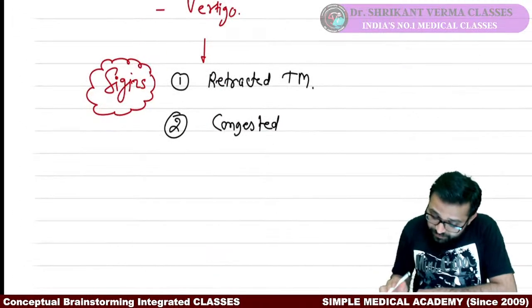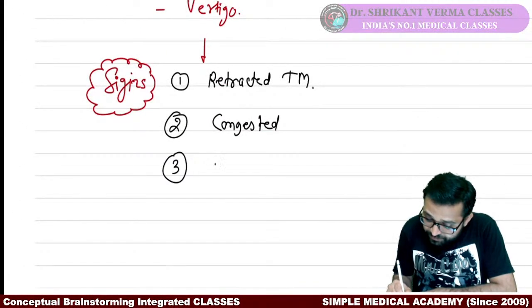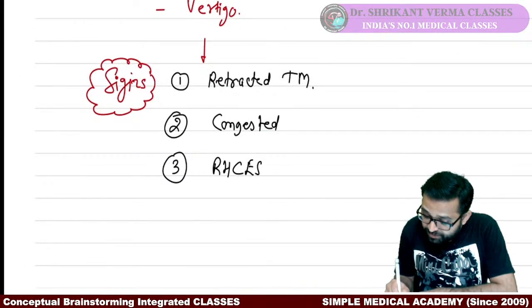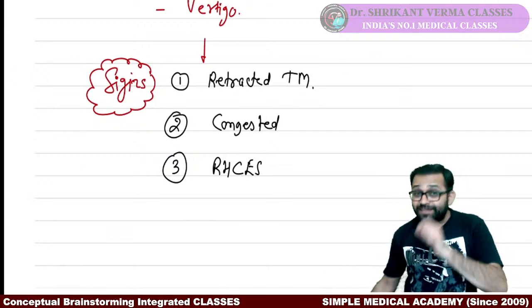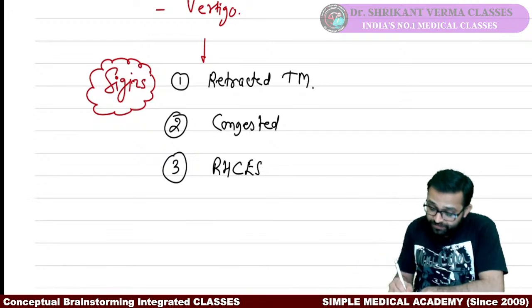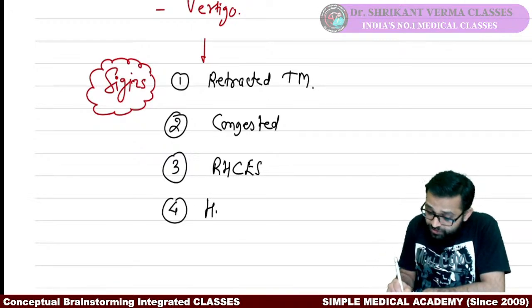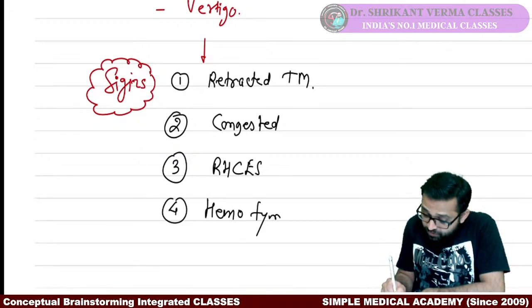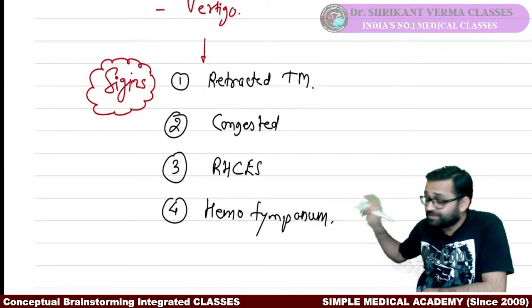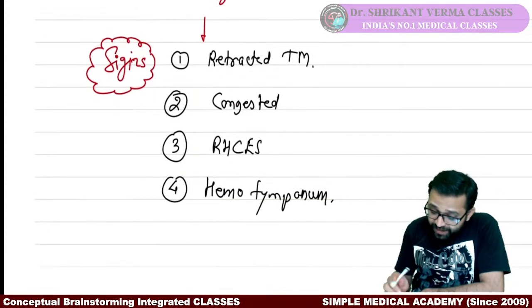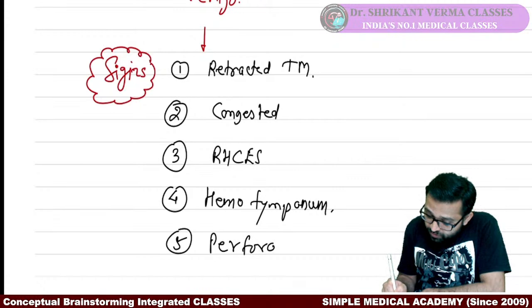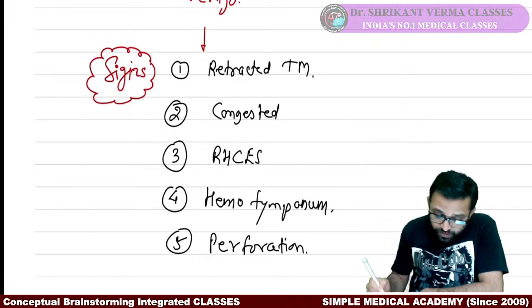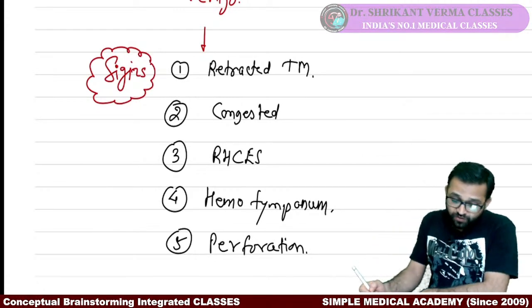Yes, you can add: there will be a red, hyperemic, congested, edematous, swollen appearance. Yes, you can get an accumulation of blood, so the situation of hemotympanum. Hemo means blood, tympanum means middle ear cavity. Okay, and sometimes you can find perforation also.